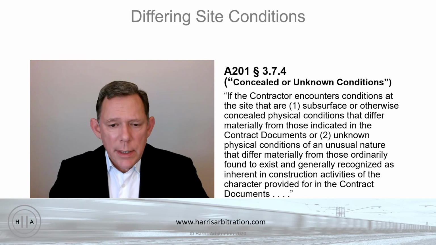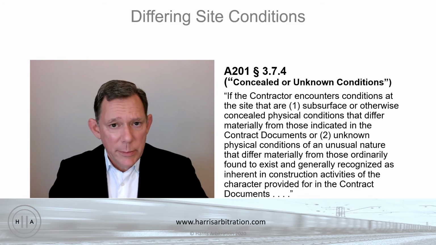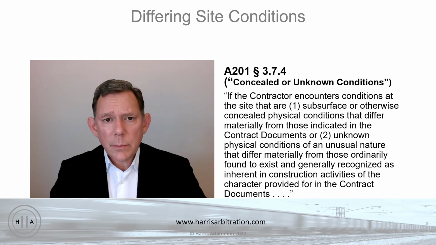The AIA A201 deals with differing site conditions in section 3.7.4. And you can see in this language quoted in the slide, basically both type 1 and type 2 differing site conditions are addressed. If the contractor encounters conditions at the site that are 1, subsurface or otherwise physical conditions that differ materially from those indicated in the contract documents, okay, that's type 1.